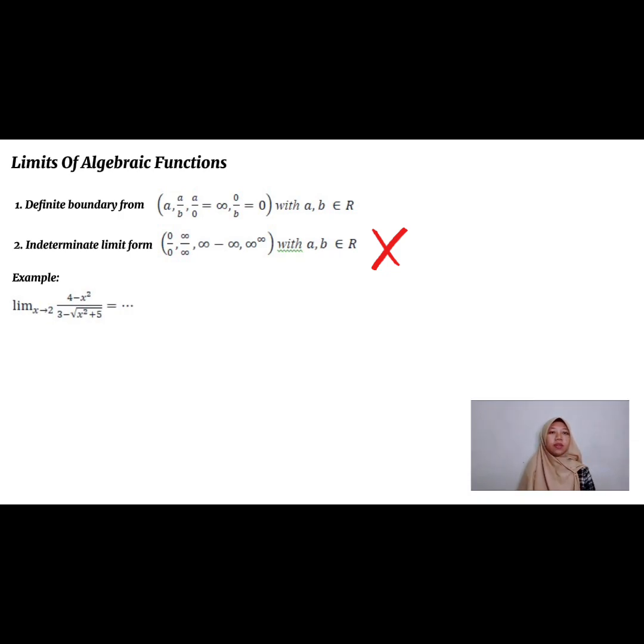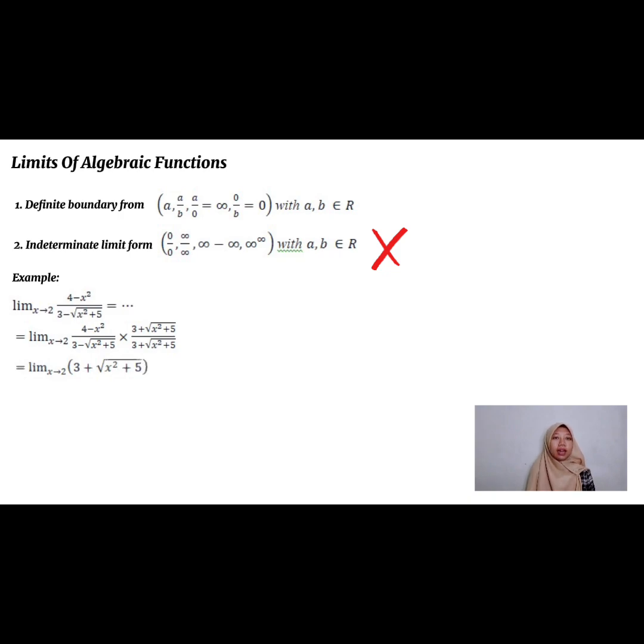We use the method of multiplying by the conjugate, so the limit is (4 - x^2) / (3 - root(x^2 + 5)) times (3 + root(x^2 + 5)) / (3 + root(x^2 + 5)) as x approaches 2. From this operation, we get the limit of 3 + root(x^2 + 5) as x approaches 2. Next, we substitute the value of x as 2, so 3 + root(2^2 + 5) gives the final result equal to 6.